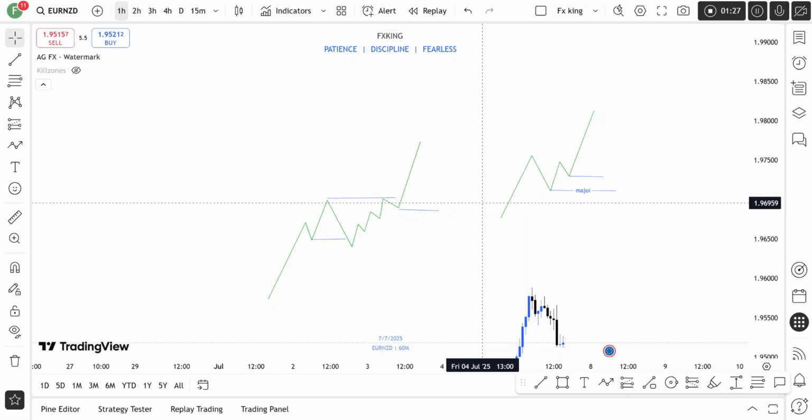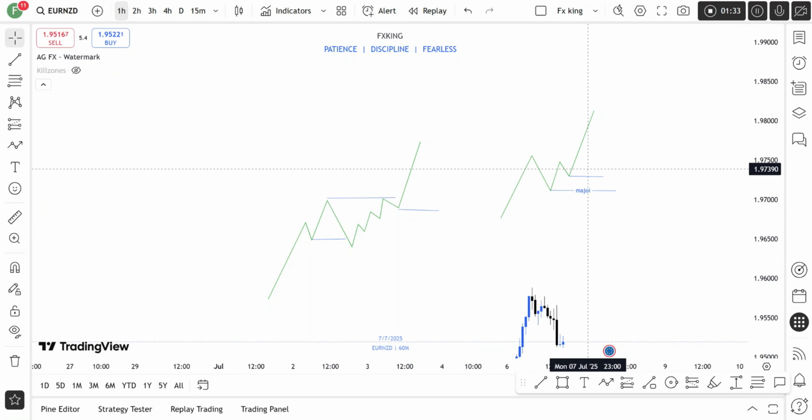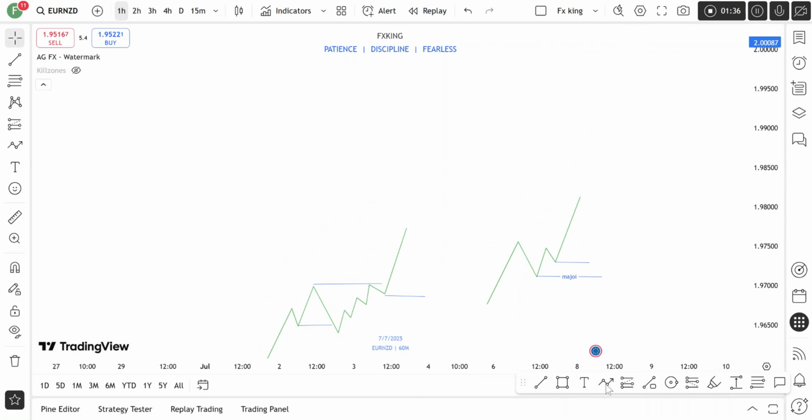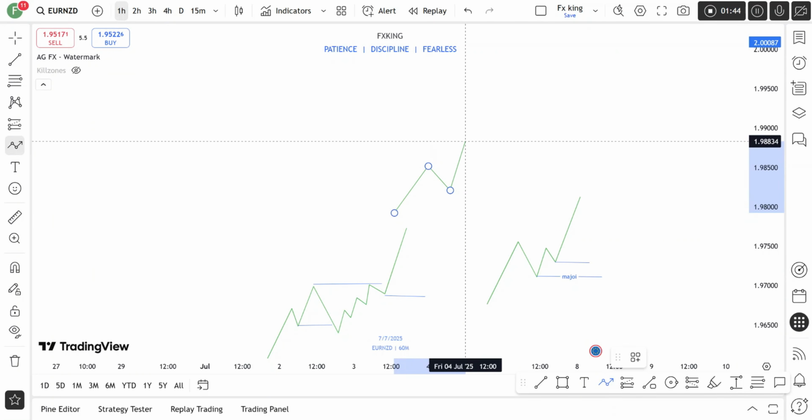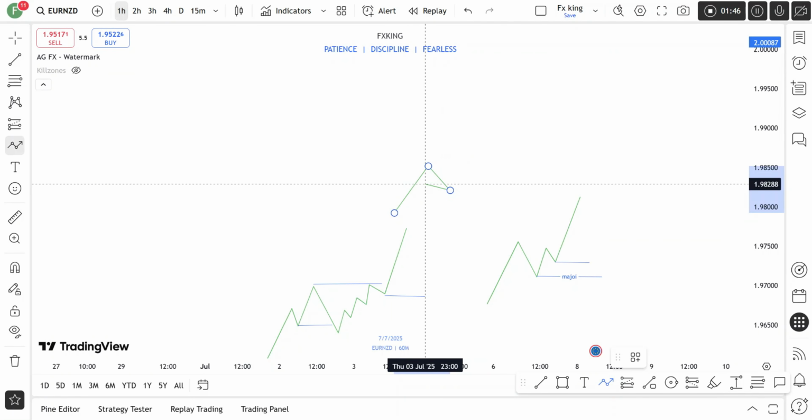Now what is the difference between the upgrade now and then? This is then. Let me show you now. What we now consider as major inducement is when price creates a pullback like this one here.